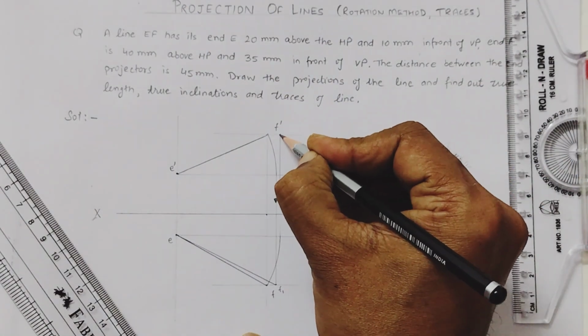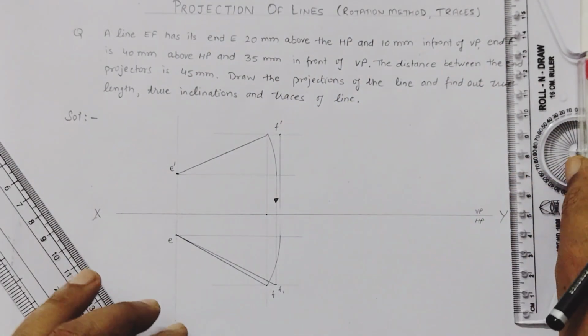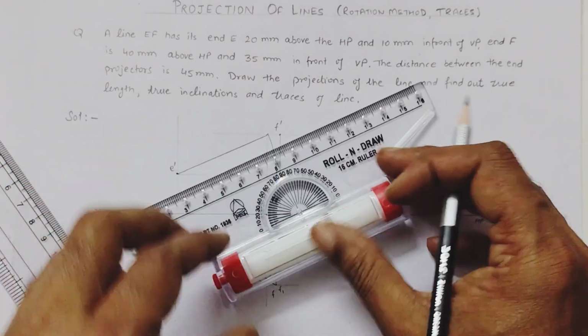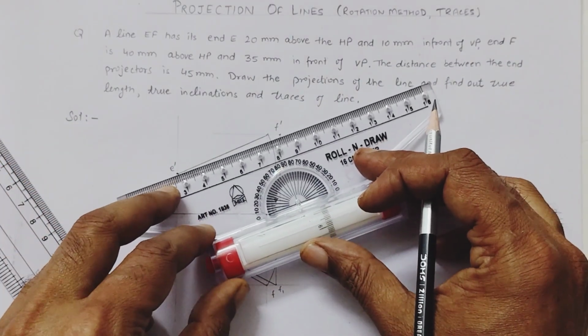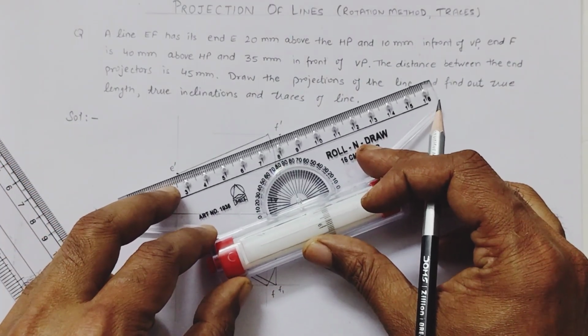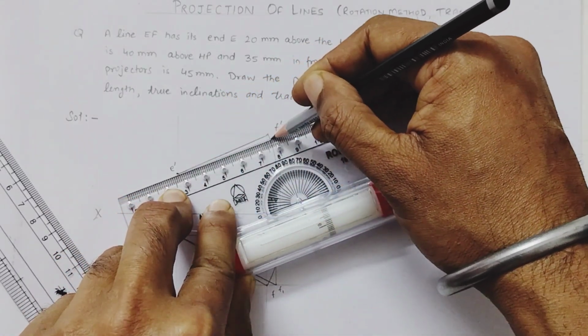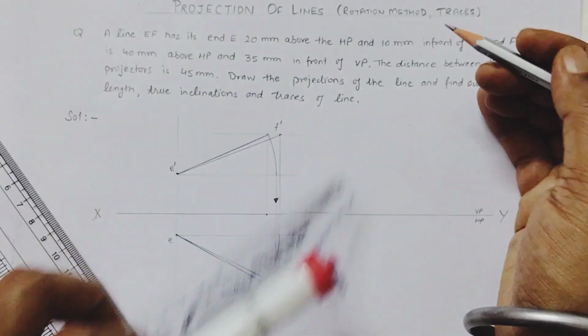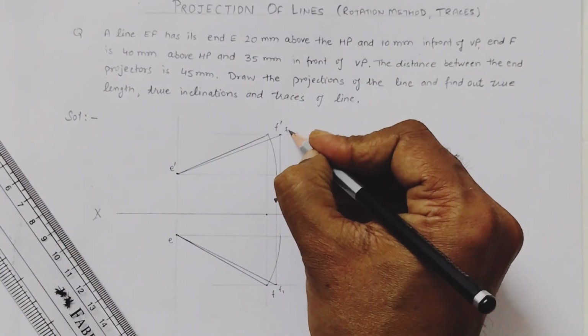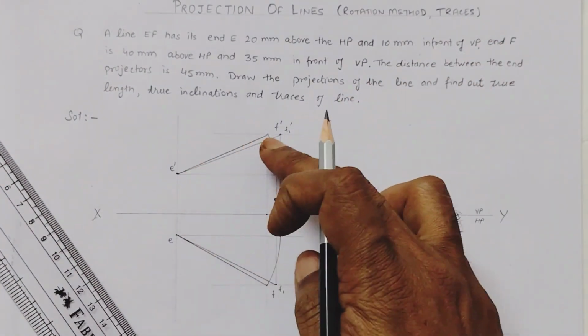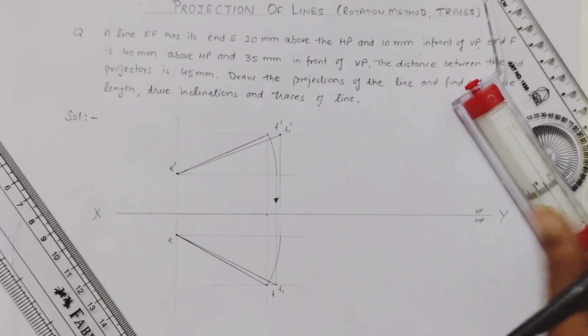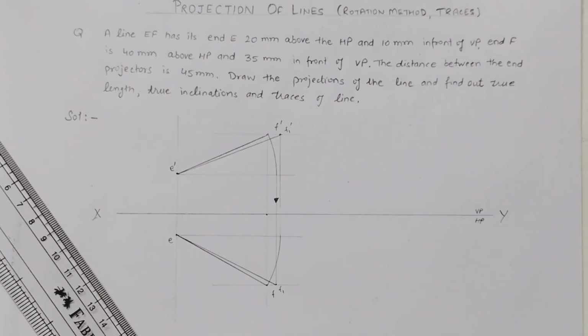Here is the intersection of this point. So join the E dash and F1 dash. So this is F1 dash. This is the true length in the front view.